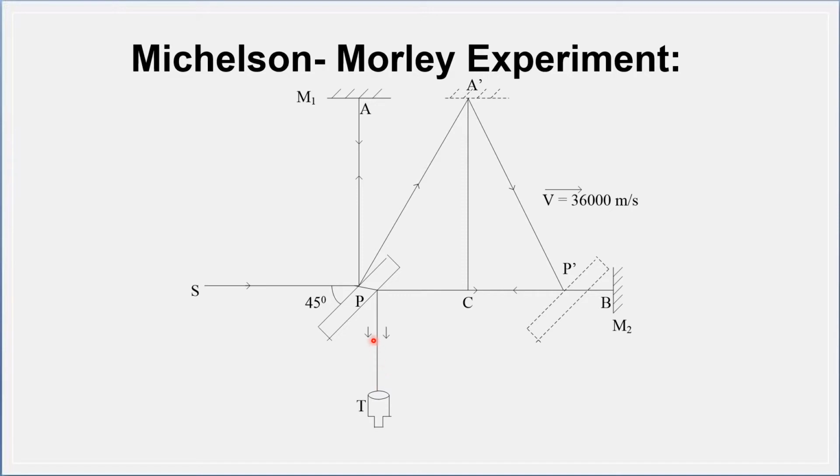So these two rays, one reflected and the other transmitted, pass to the telescope and produce superposition, producing the interference pattern. Through the telescope, you will see fringes, bright and dark, alternately arranged.